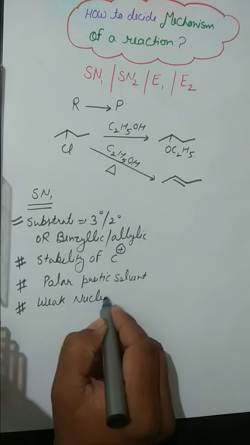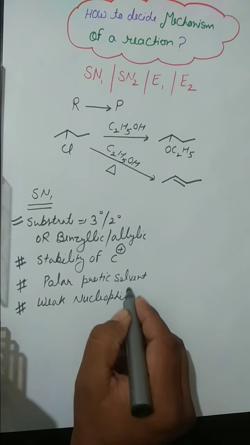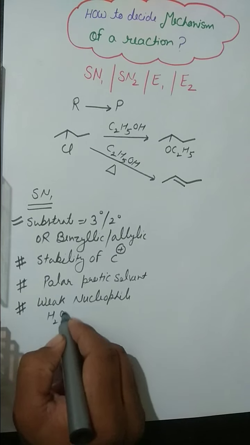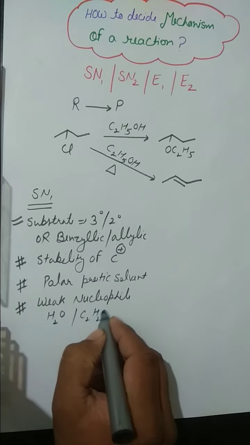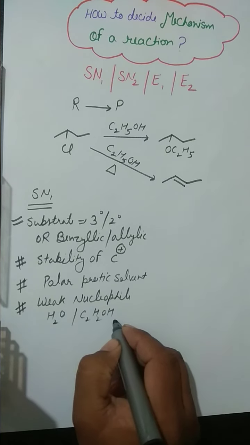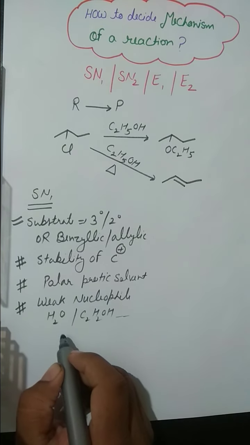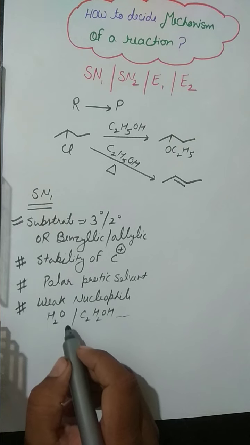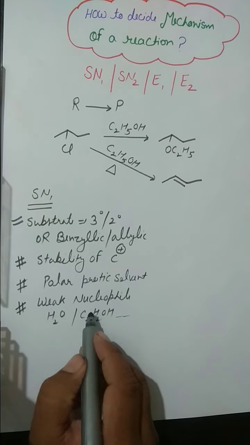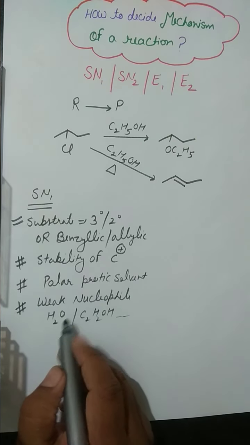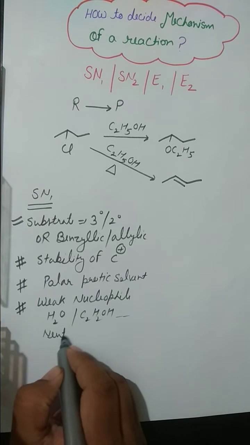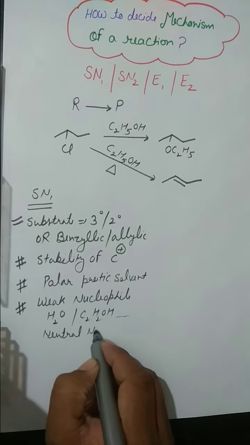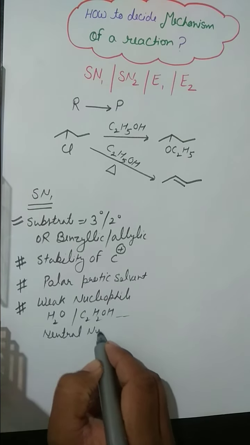If we have weak nucleophile, like H2O, C2H5OH, these types of nucleophile, means there should not be any negatively charged nucleophile, because if we compare neutral nucleophile and negatively charged nucleophile, then neutral nucleophiles are weak.